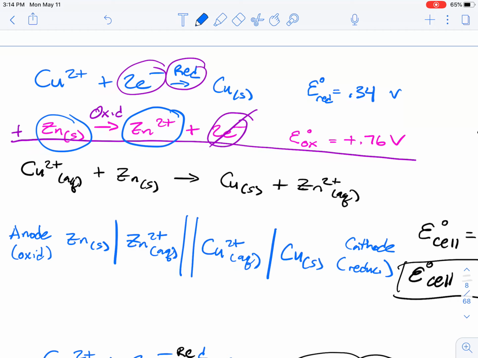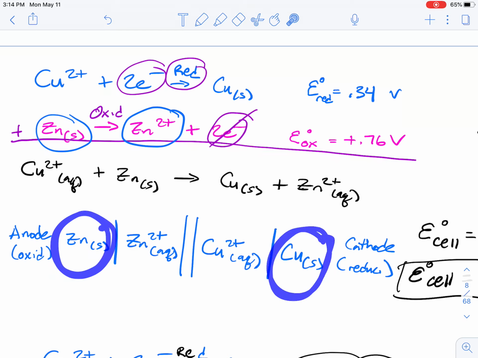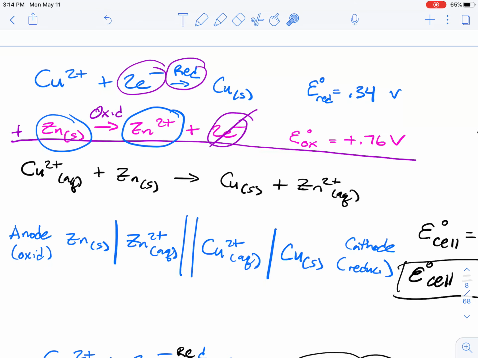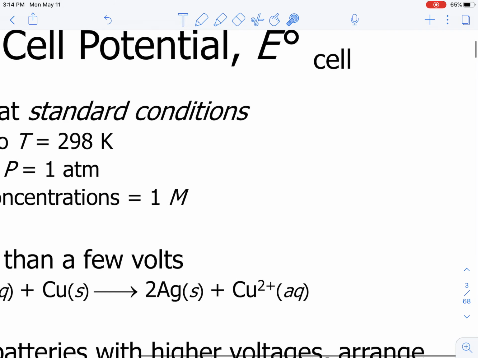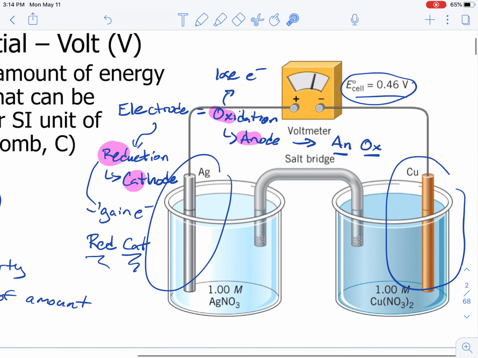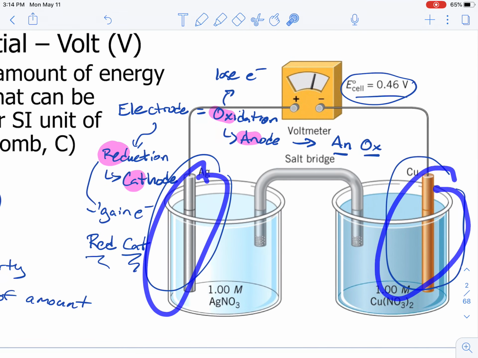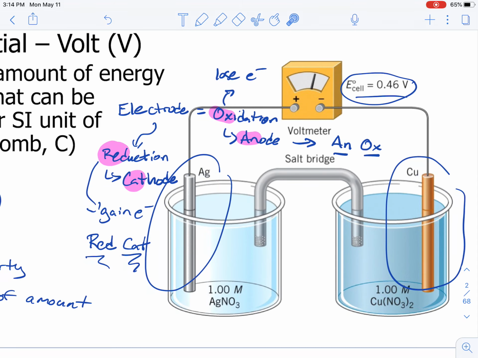And so your zinc and your copper is going to be your electrode. And so your electrodes are going to be these metallic rods that you guys see in this picture.